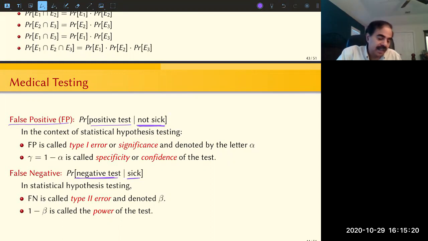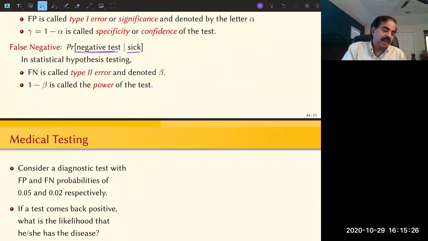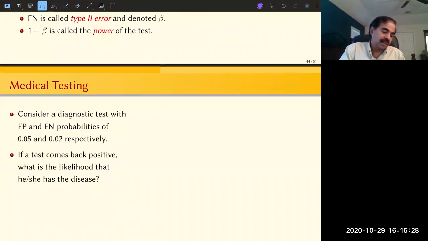What we are trying to understand here is what these false positives and false negatives mean in the context of someone getting tested. So consider a diagnostic test with false positive and false negative probabilities of 0.05 and 0.02.